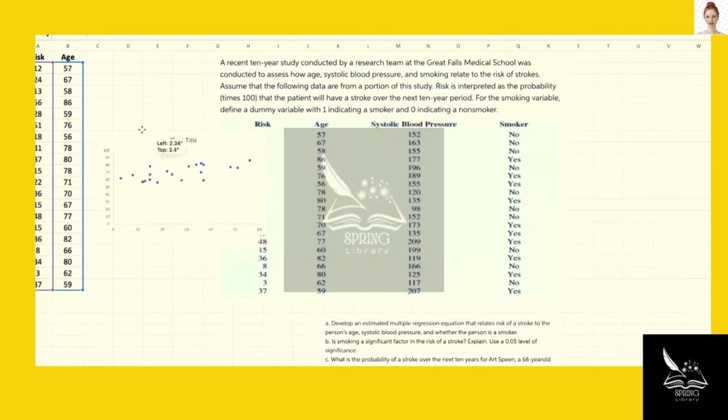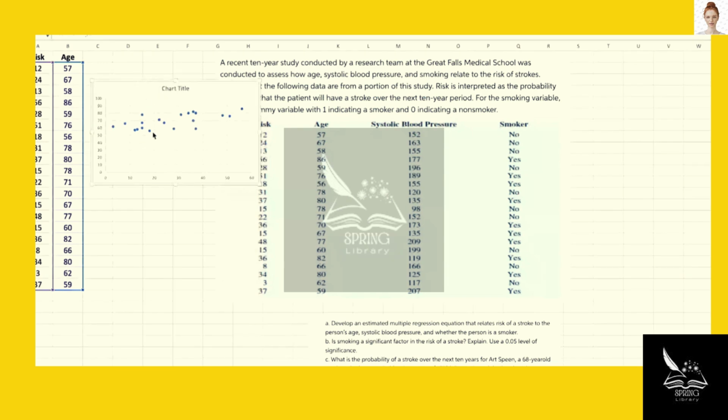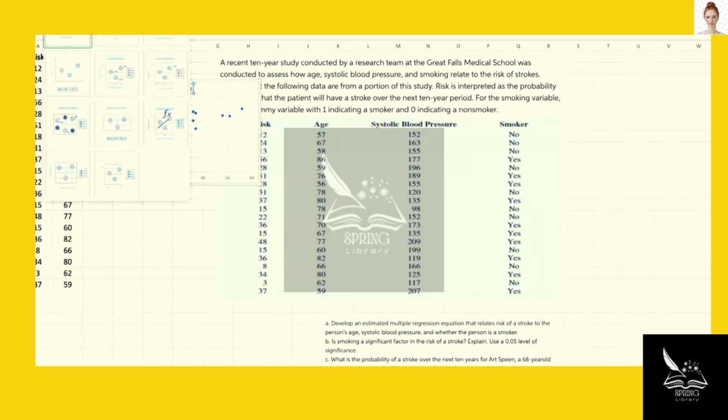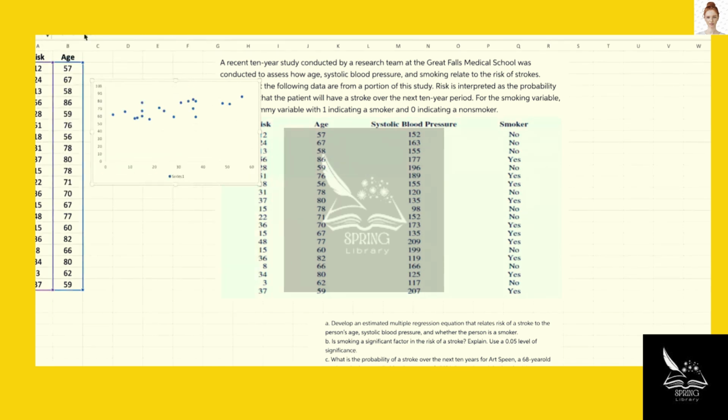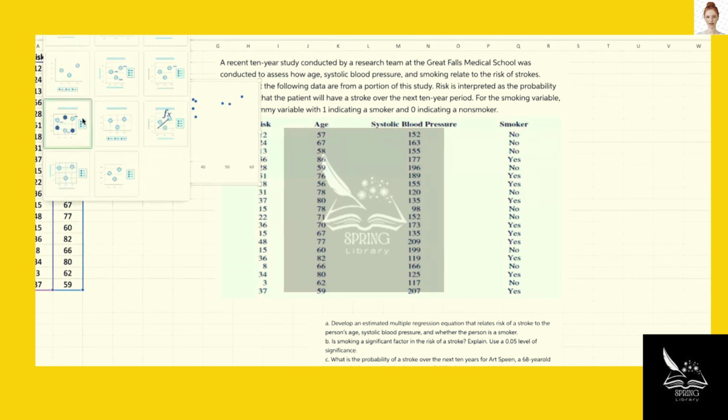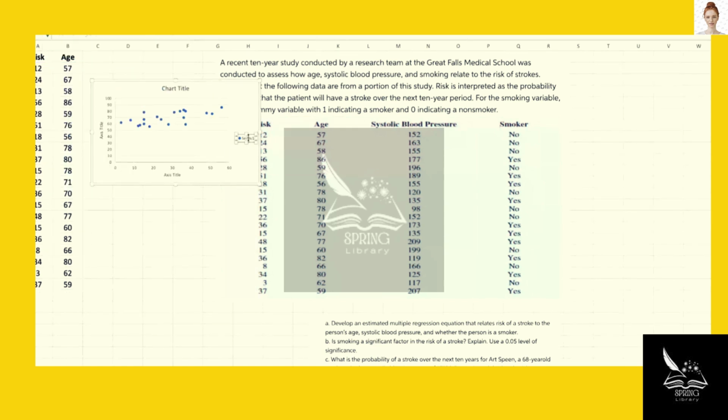And as you can see, the risk increases as the age increases. Okay, so that definitely has to do with the values. So this is risk and age, and I just don't want the little legend, so I guess we'll have to just delete it.